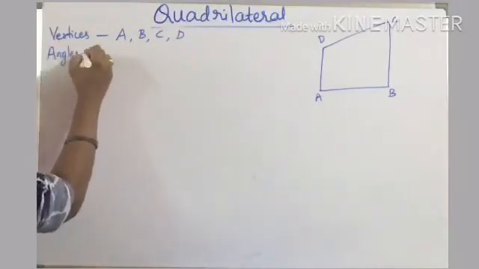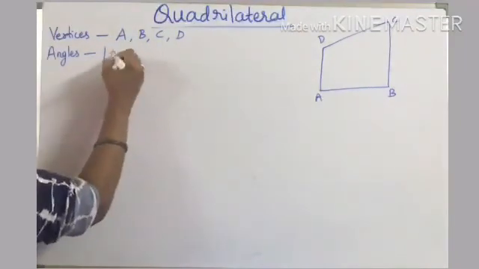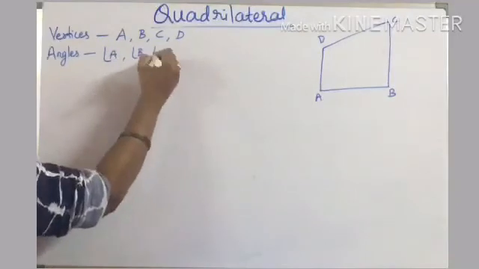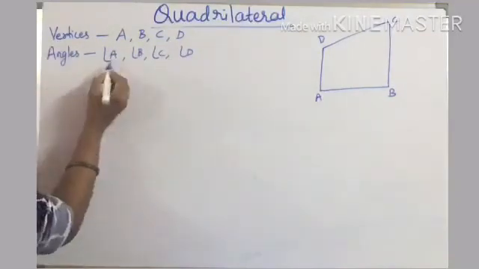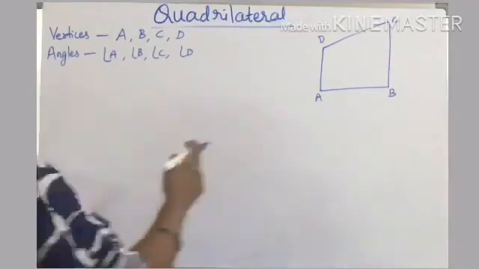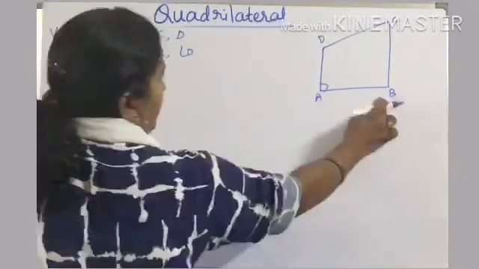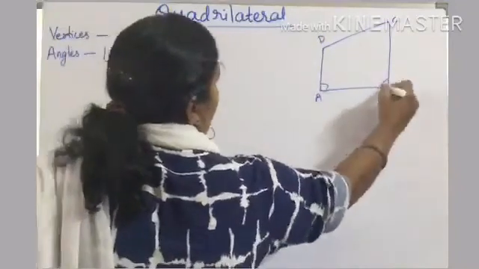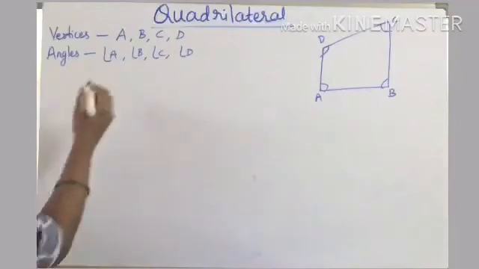Angles can be written with a single letter or with three letters. First I will write with a single letter: angle A, angle B, angle C, angle D. Now how do you represent angle A in three letters? You can write angle A as DAB or BAD. Always the vertex should be in the middle, right?